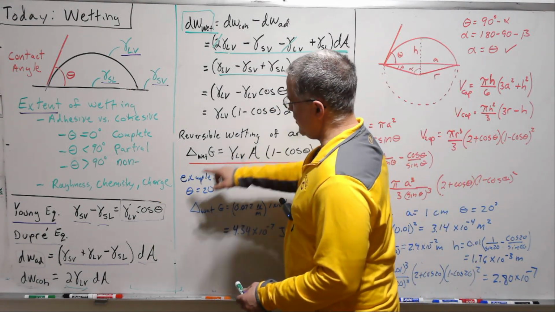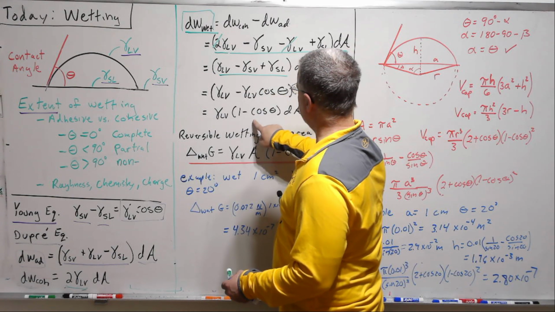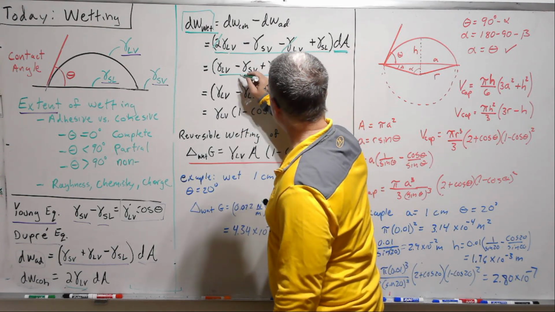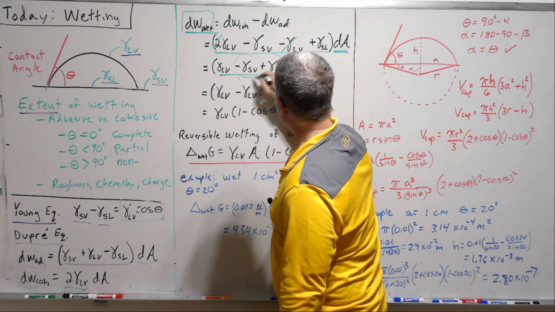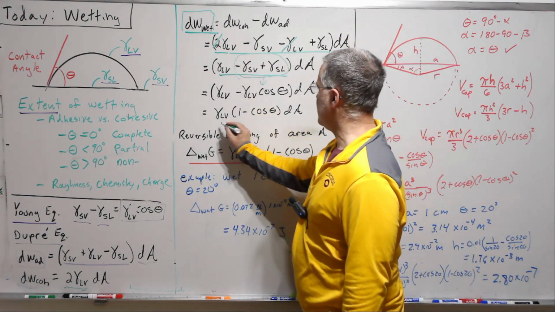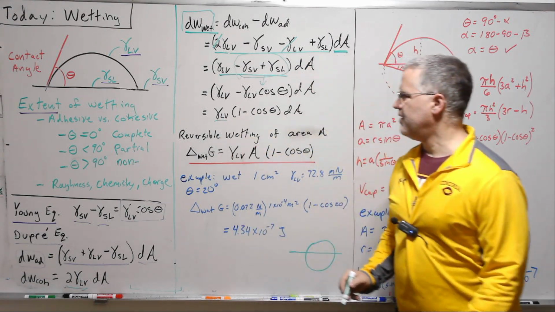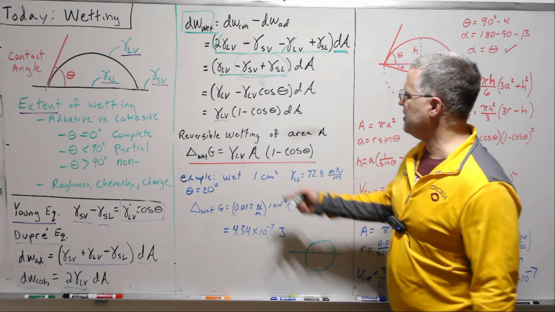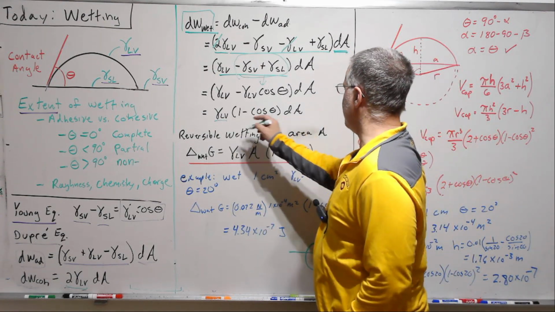And so we can use the Young equation in here to substitute, and we can substitute this in here for that. Now we can pull out a common liquid vapor surface tension. So the regular, if you Google the surface tension of a liquid, that's what that would be referring to.